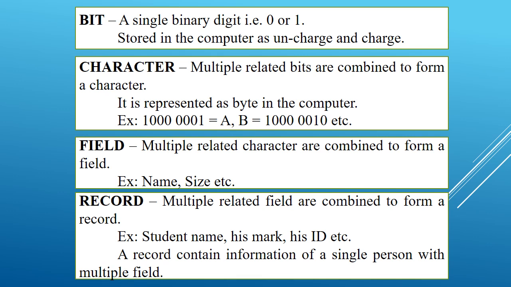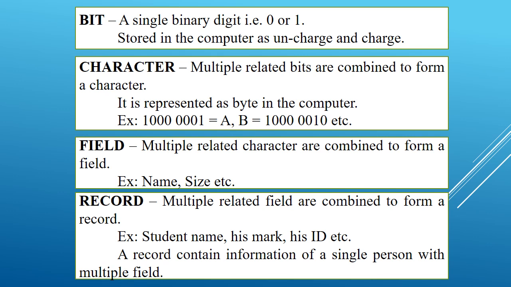And field means multiple related characters are combined to form a field, for example name of a student, size of a plot. And record means multiple related fields are combined to form a record.